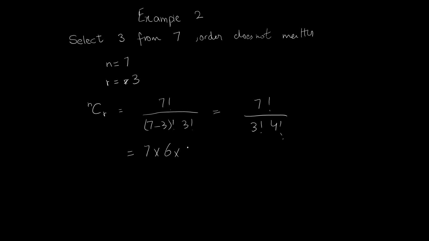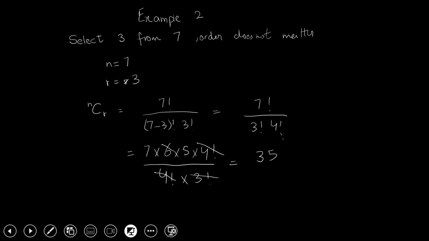The 7, 6, 5, 4, stop there because you already have 4 factorial in the denominator. That means you can just cancel the factorials. Now we are left with 3 factorial, which is equal to 6. So you can also cancel them directly, and therefore it will save you a lot of time and you will be able to solve questions timely.